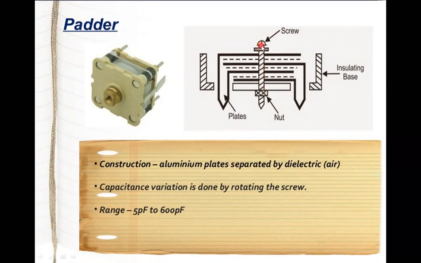By rotating the screw, we can change the value of capacitance. It is constructed of aluminum plates separated by a dielectric or air. Capacitance variation is done by rotating the screw, and it has a range of 5 picofarad to 600 picofarad. So these are called padders.